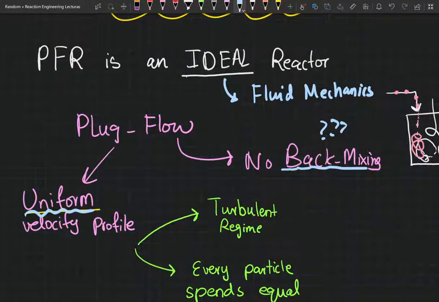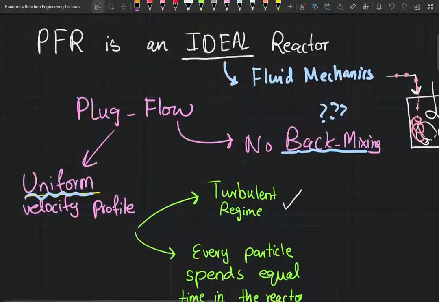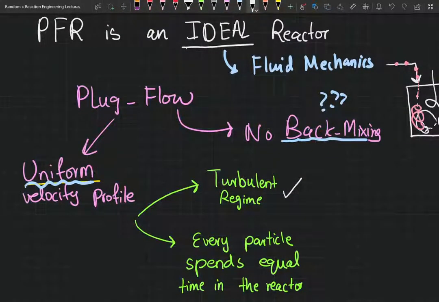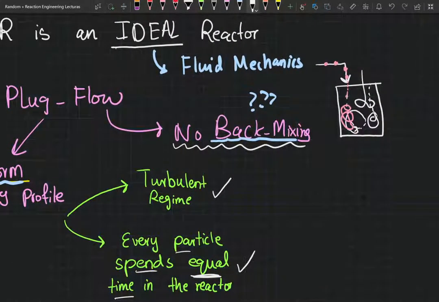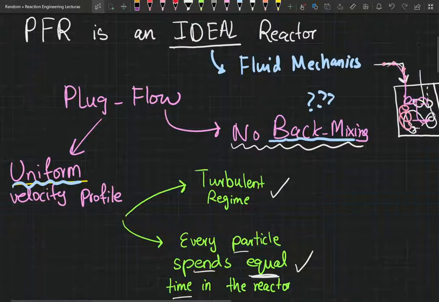In order to achieve a uniform velocity profile, you need to operate in the turbulent regime, and an implication of the uniform velocity profile is that every particle spends equal time in the reactor. And no backmixing. The extreme example of backmixing was a CSTR, and we have none of that in a PFR.